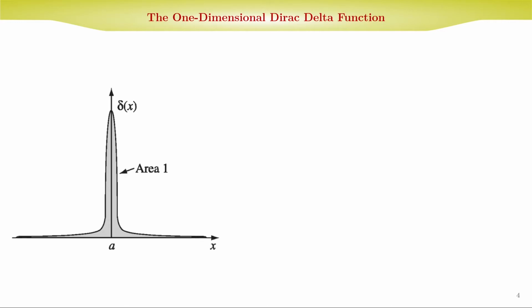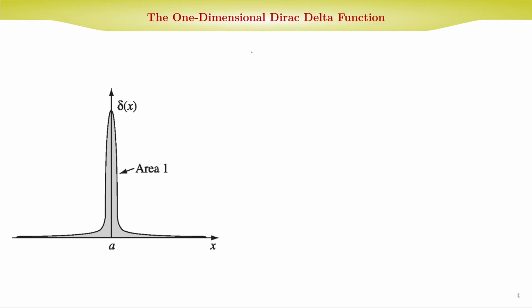We'll now try to understand the mathematical form of the one-dimensional Dirac delta function. The one-dimensional Dirac delta function delta x can be pictured as an infinitely high, infinitesimally narrow spike with area equal to 1.